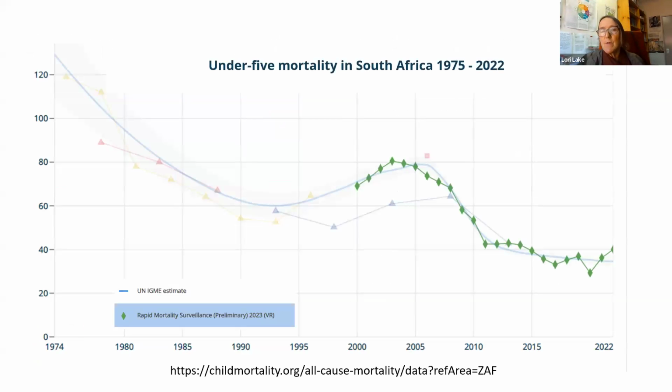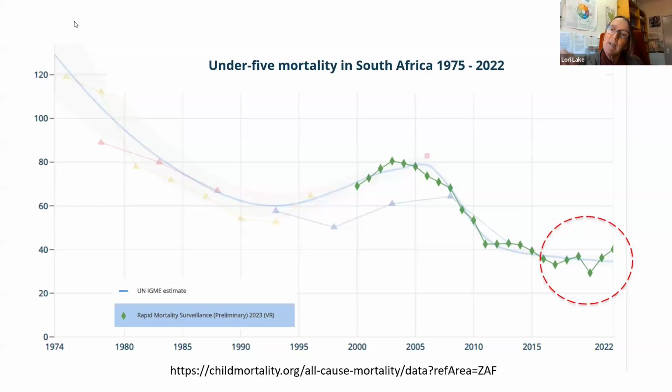What's of greatest concern is what appears to be a fundamental shift in the trends in under-5 mortality in South Africa. And if you look at the red circle on the right-hand side of the diagram, you'll see that preliminary data emerging out of the Rapid Mortality Surveillance Survey run by the MRC is showing a significant increase in under-5 mortality.